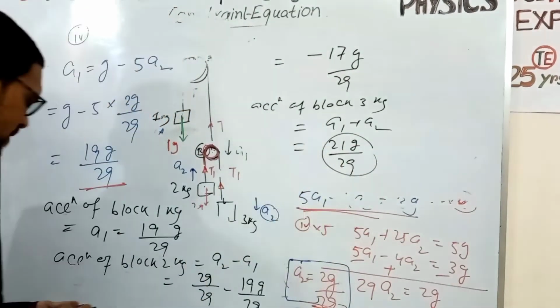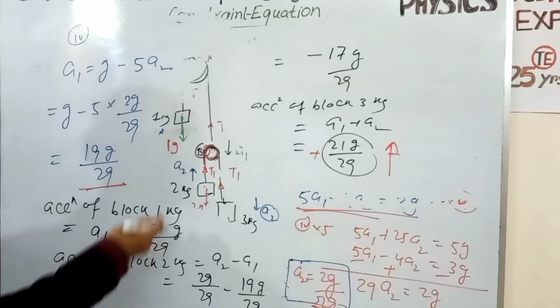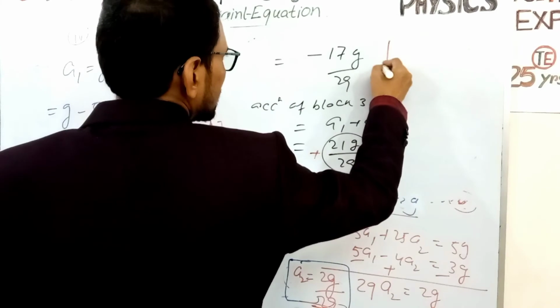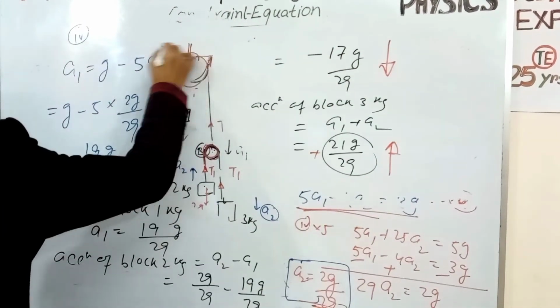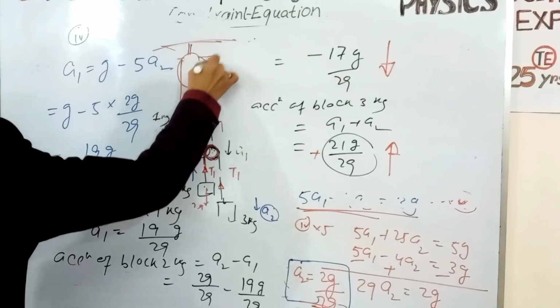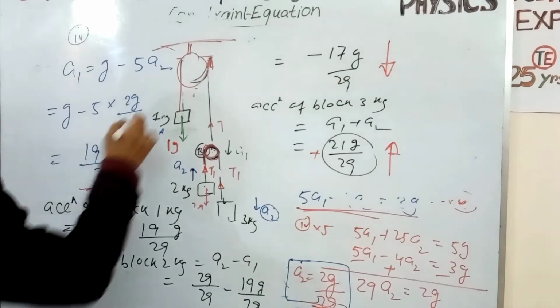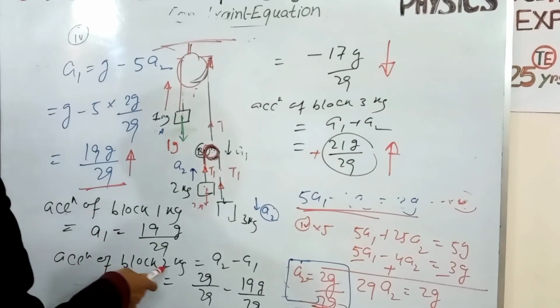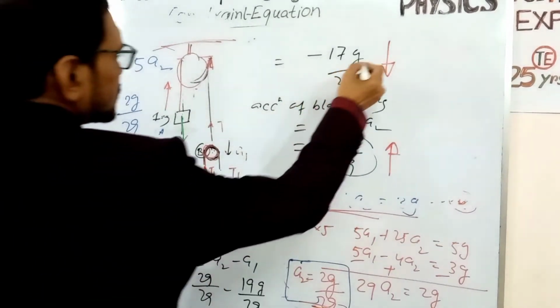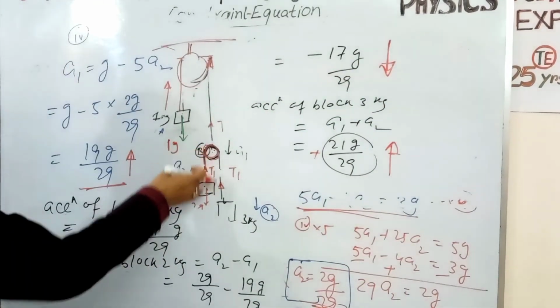So this is positive. As this is positive, these blocks move upward, and as this is negative, this block moves downward. So this is the actual acceleration with respect to fixed pulley A. We get a1 positive, so block 1 moves upward. The acceleration of the 2 kg block is negative, so with respect to the fixed pulley it actually moves downward.